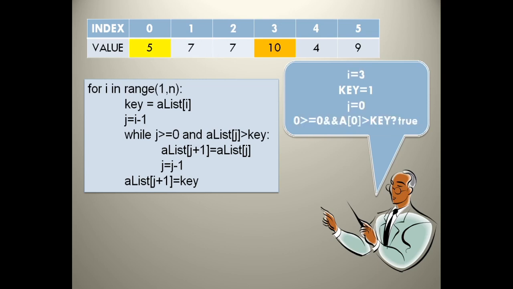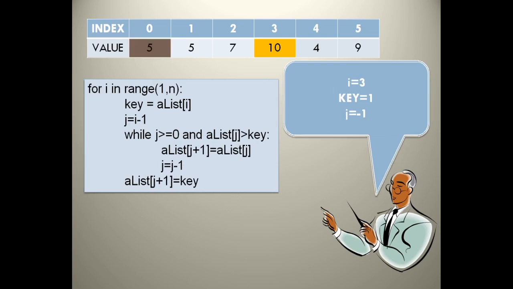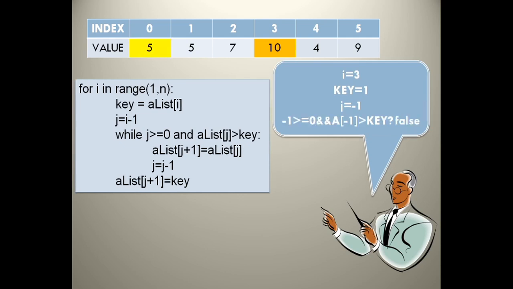Now j becomes 0, 0 is greater than or equal to 0 is true, and A of 0, that is 5, is greater than 1. Therefore what will it do now? A of 0 will be copied into A of 1. See here, 5 will be copied into one place. Now your j becomes minus 1, the condition fails, the loop ends.